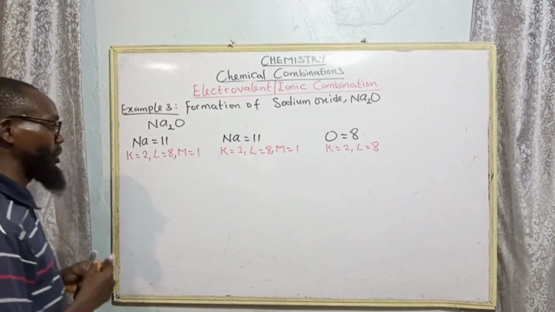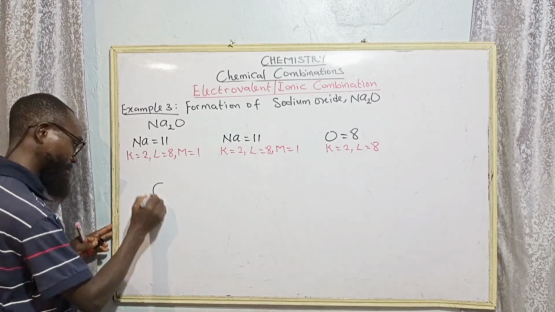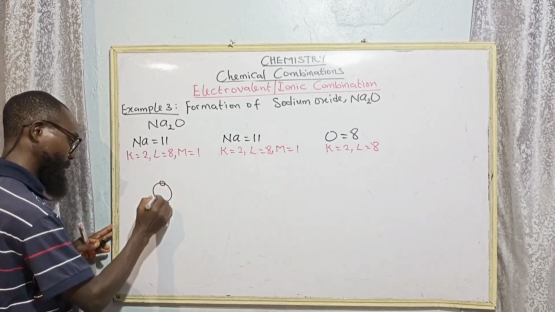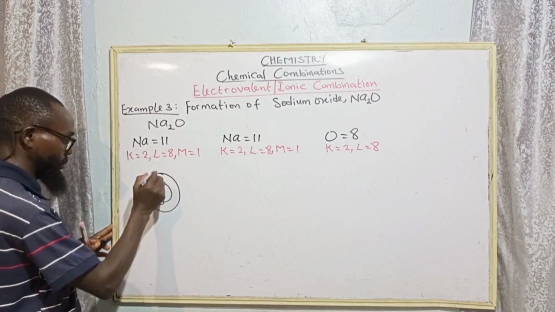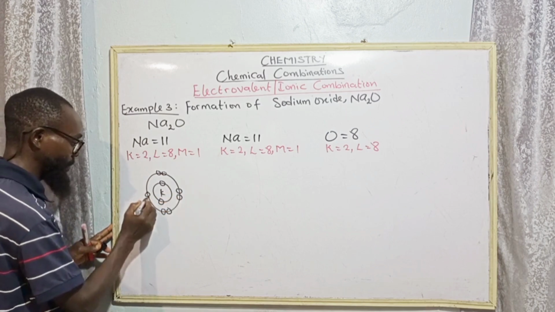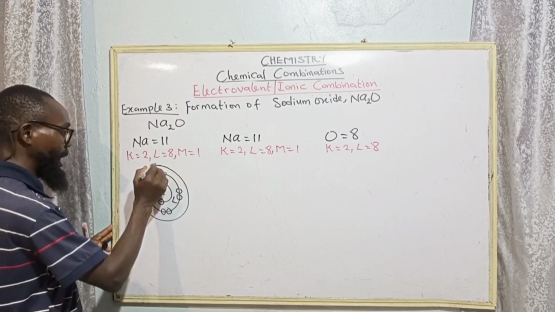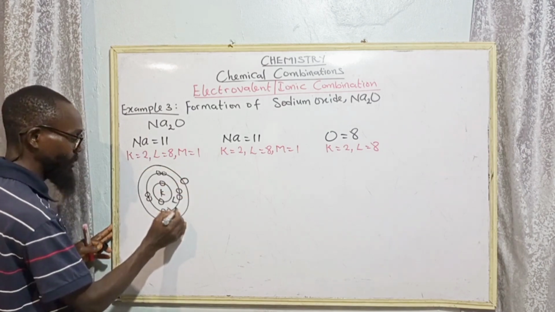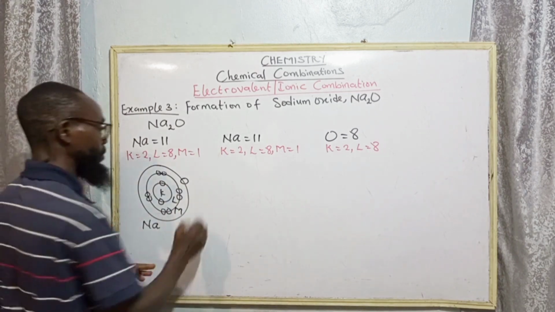Now I want to write the electronic configuration of this. For sodium, our K shell having 2 electrons, our L shell having 8 electrons, our M shell having the remaining 1 electron. This is sodium atom.